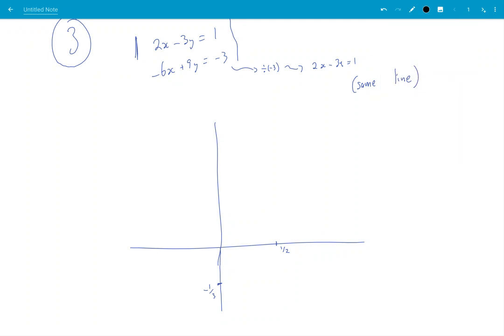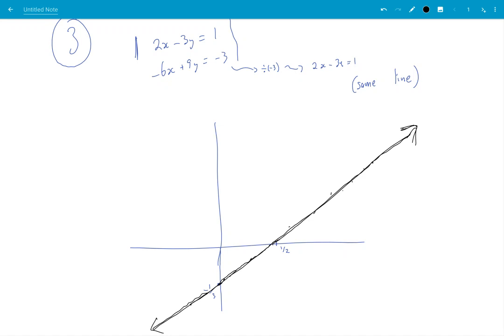And the first line goes like this, and of course, to infinity in both directions. And the second line is exactly the same thing. So the solution is the set of all intersection points. So you can see there are an infinity of intersection points there.